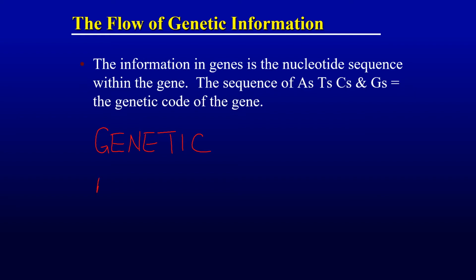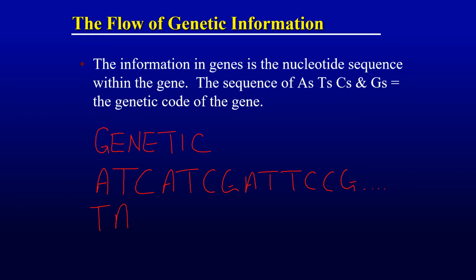So genes, remember, are very long stretches of DNA, maybe 1,000 or 2,000 base pairs long, and I'm going to make up a genetic code right now, just a very short one though. And I'm going to stop there. That could go on for 1,000 or 2,000, and of course that's one strand of the DNA molecule. I'm going to draw the second strand, and you know the DNA binding rules.